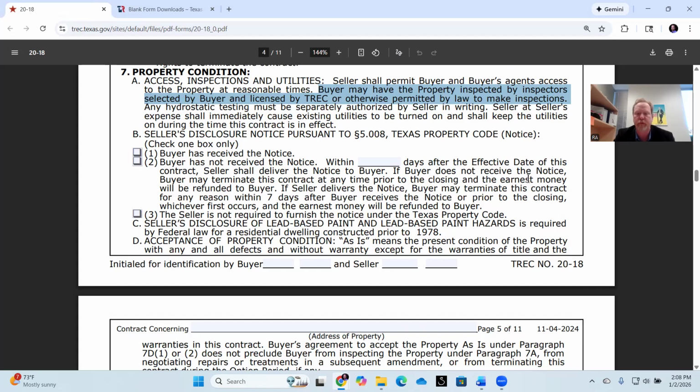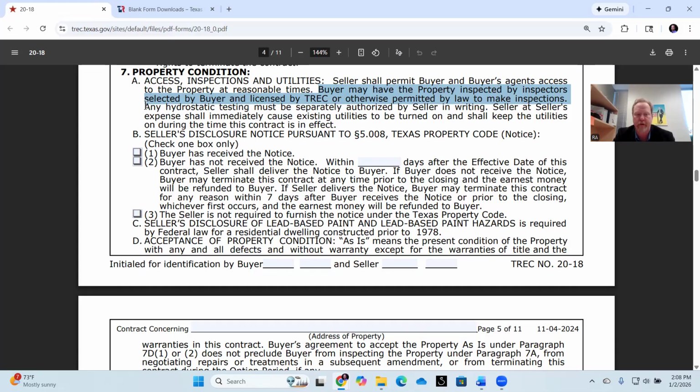Roofers, those people who are licensed or permitted by law to inspect to see if there's necessary repair, not necessarily just an inspector. Now notice it says the buyer may have the property inspected, again, meaning the buyer doesn't need an option period in order to get the property inspected. They can still get it inspected without an option period. That's not addressed here. So they shall have access, and they may, if the buyer wants, get it inspected.